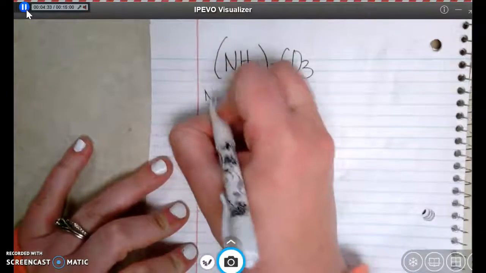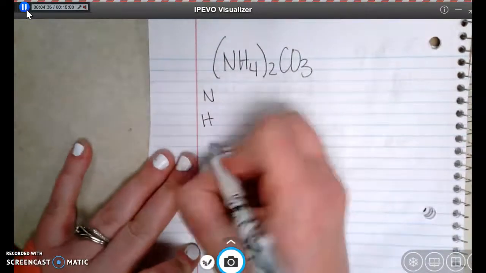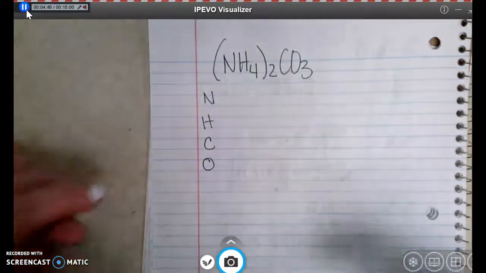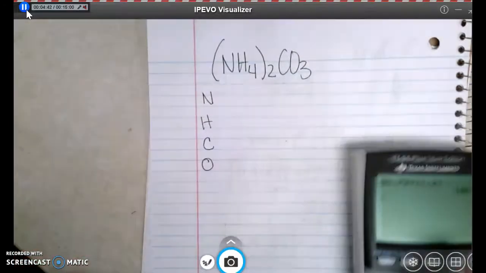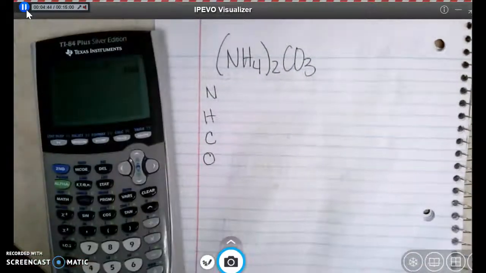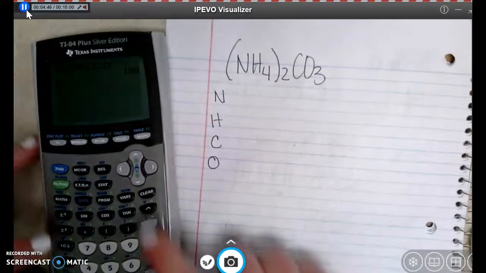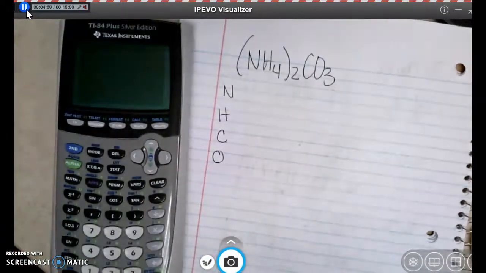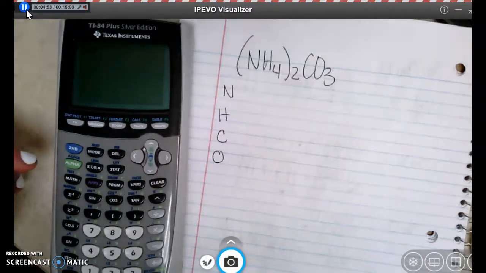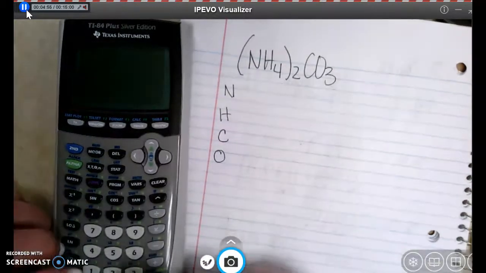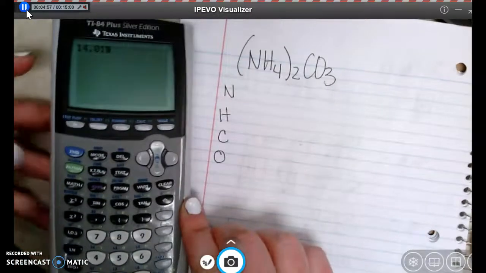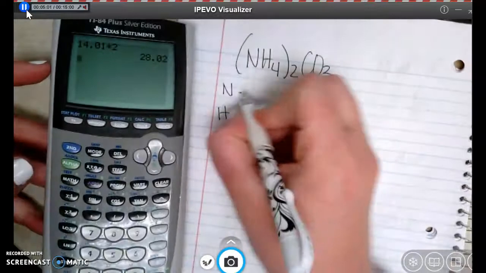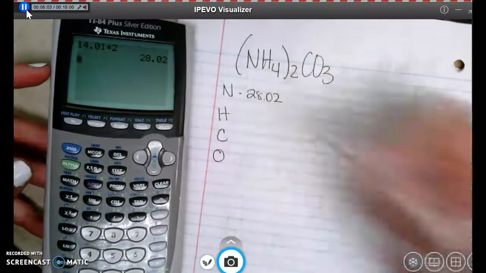I've got N, H, C, and O. Let's start with nitrogen. One nitrogen is 14.01, and I have 2 of them, so my nitrogen's mass is 28.02.